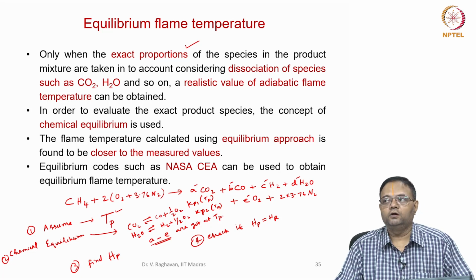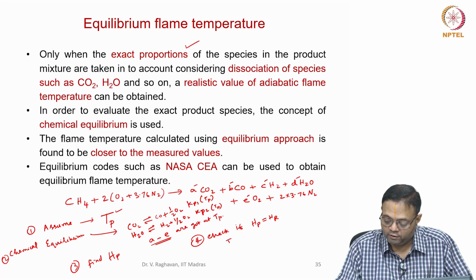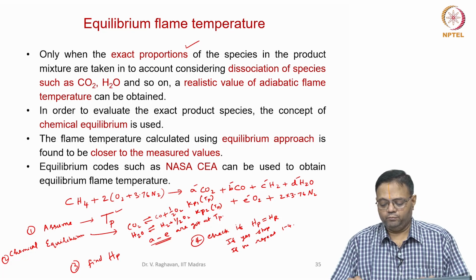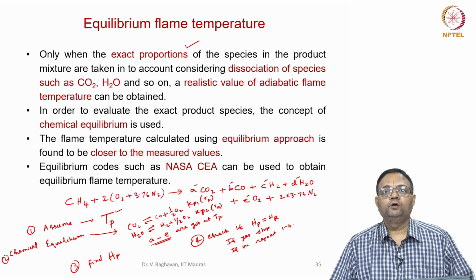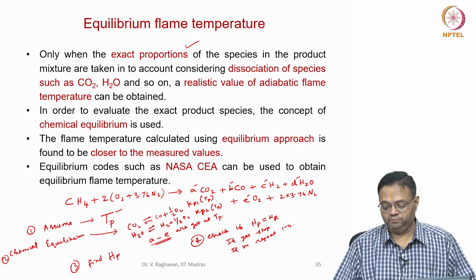Composition is also got, temperature is also got. If yes, stop. If no, repeat steps 1 to 4. So this is the procedure for calculating the adiabatic flame temperature considering dissociation.